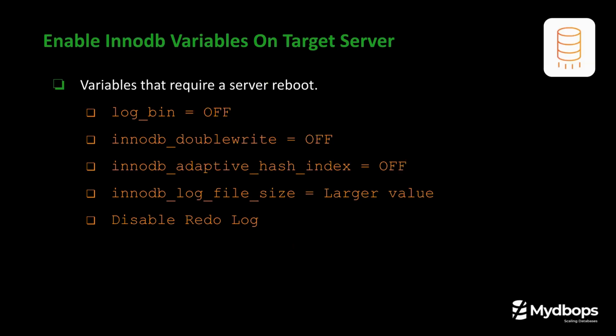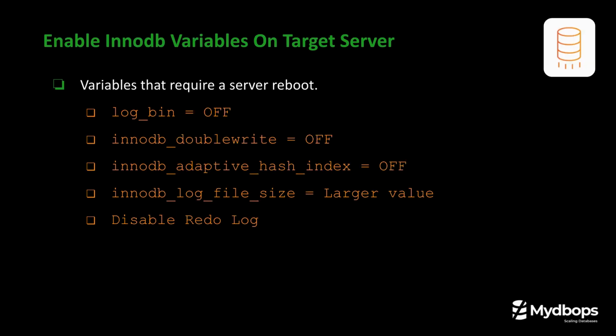These MySQL variables need a server reboot, so we must plan carefully. Setting log bin to off means disabling the binary logging. This reduces the overhead and speeds up the full load.